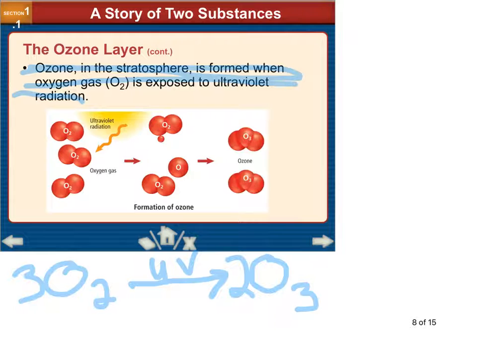What happens is the ultraviolet radiation causes an oxygen molecule to break apart into oxygen atoms, and then that oxygen atom combines with another oxygen molecule to make ozone.